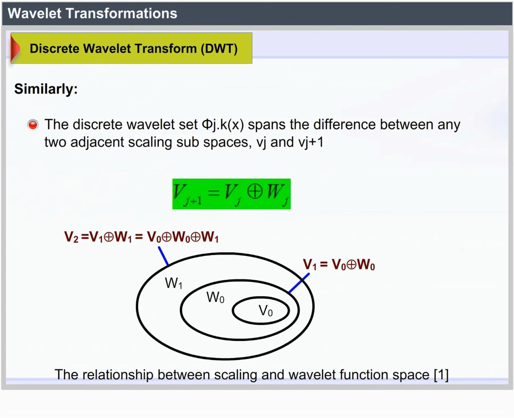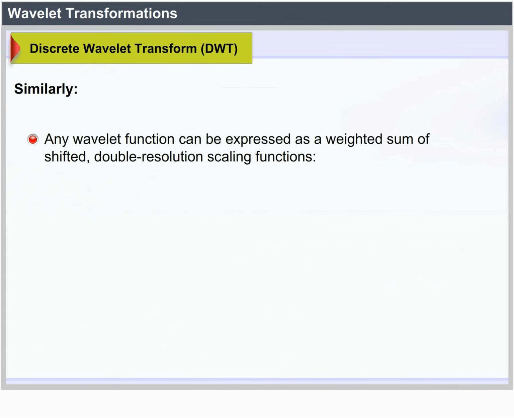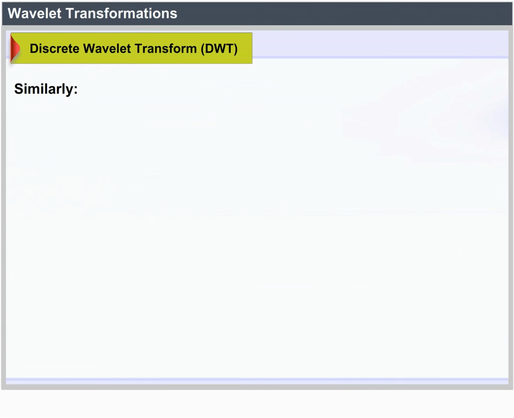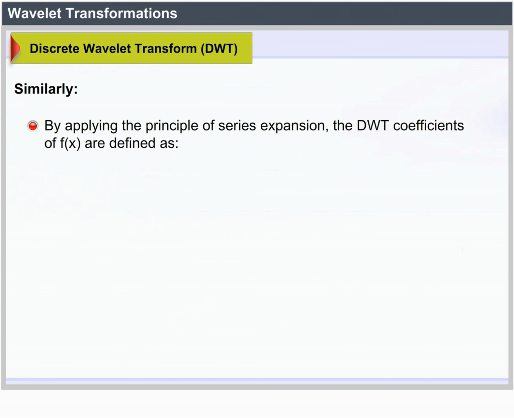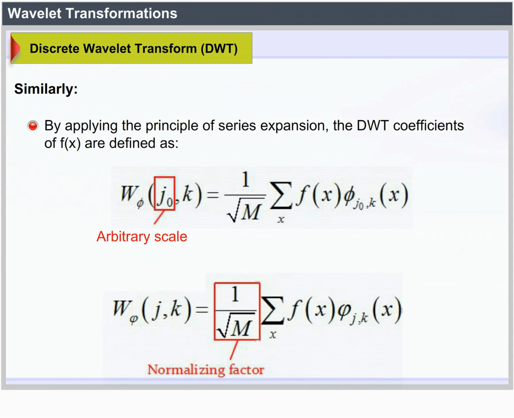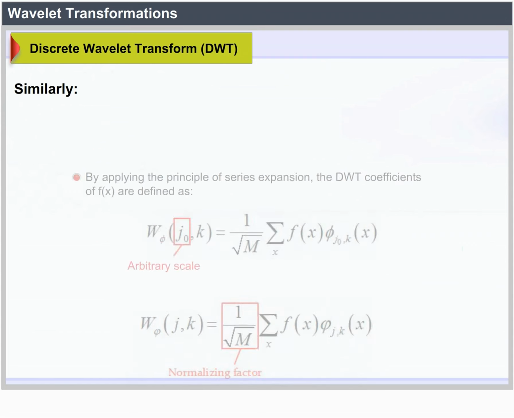Any wavelet function can be expressed as a weighted sum of shifted, double resolution scaling functions, as can be seen. By applying the principle of series expansion, the DWT coefficients of f(x) are defined as. f(x) can be expressed as.